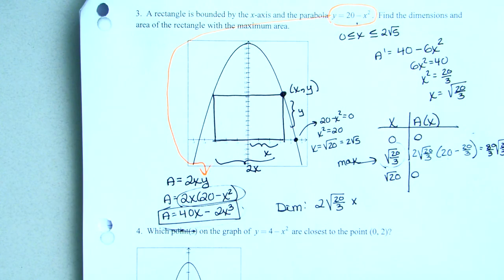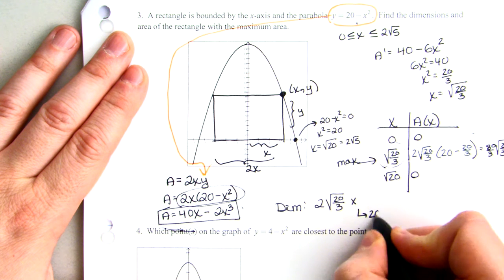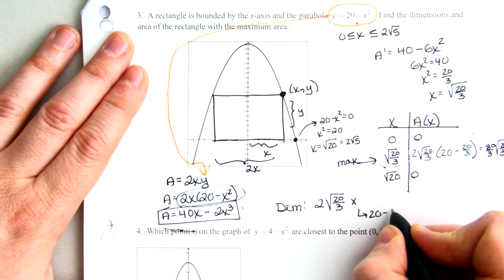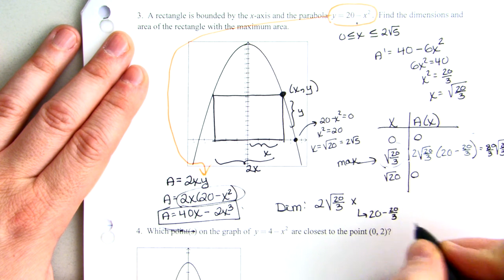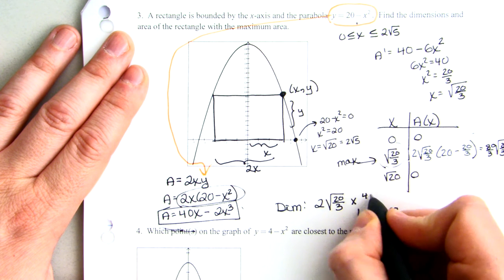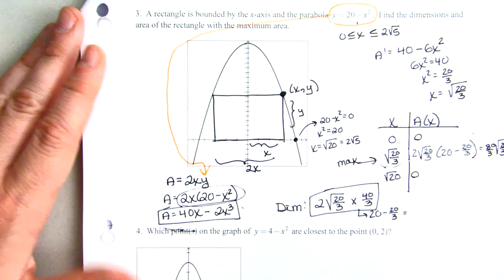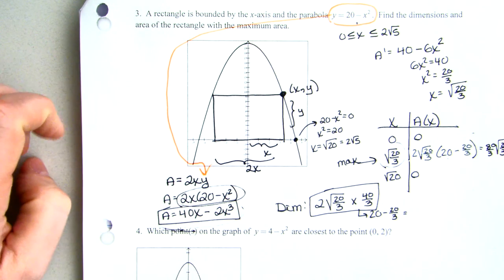What do you get when you plug in root 20 thirds? Well, let's see. 20 minus root 20 thirds squared. That's just 20 thirds. This is 60 thirds minus 20 thirds. I think that's 40 thirds. These are the dimensions. I'm fairly certain in the homework the numbers are a little bit nicer than this.